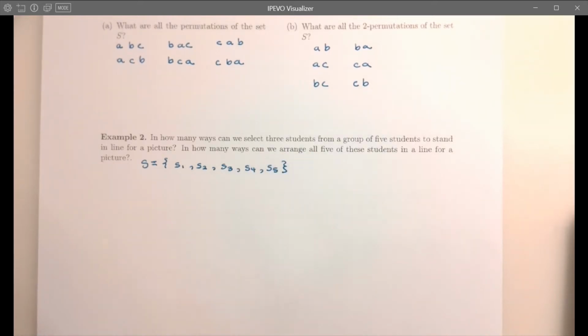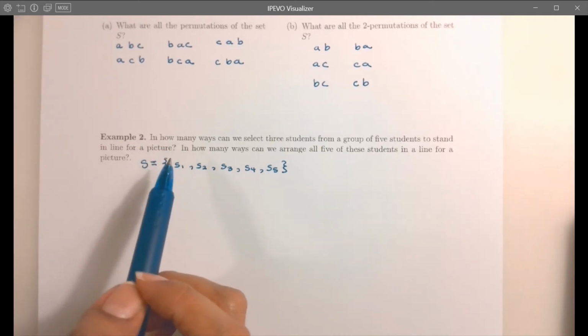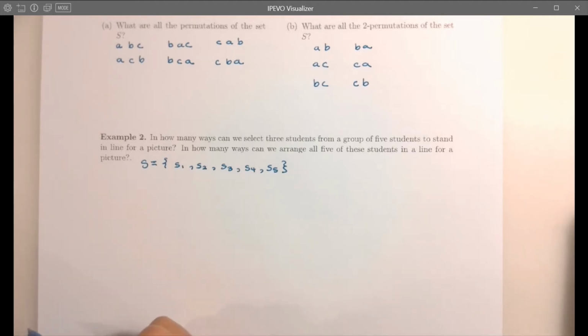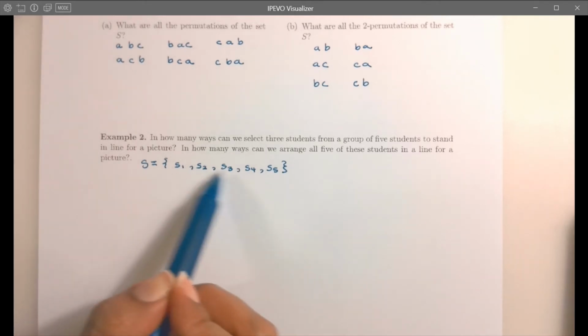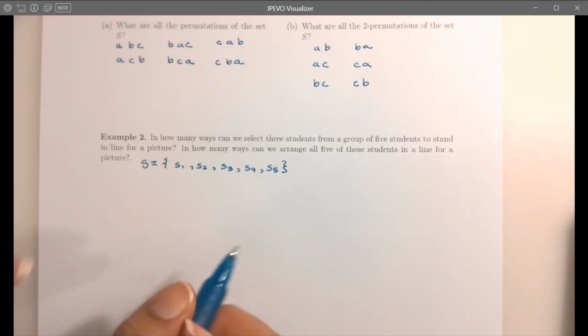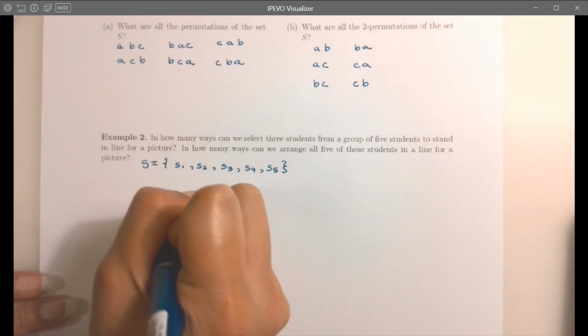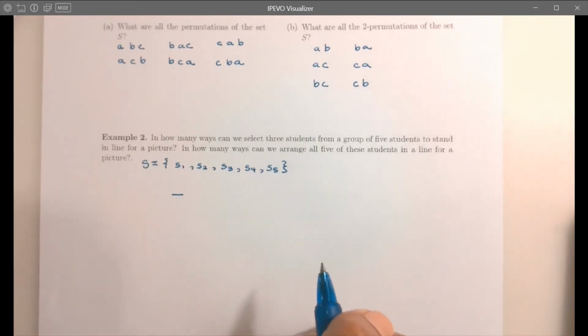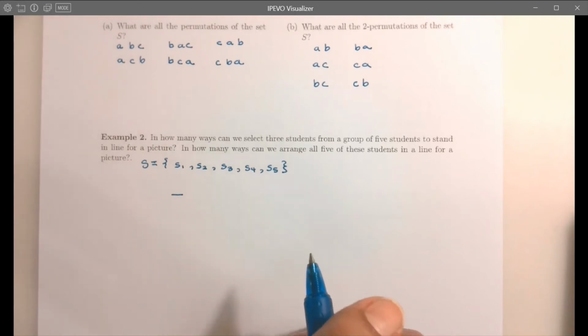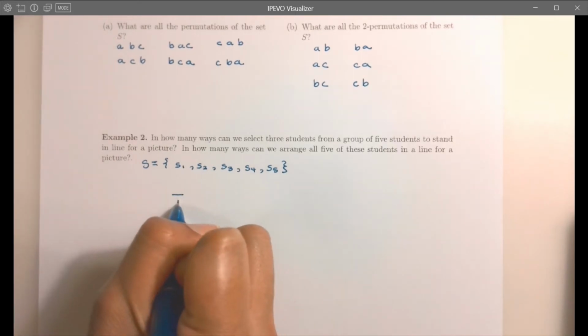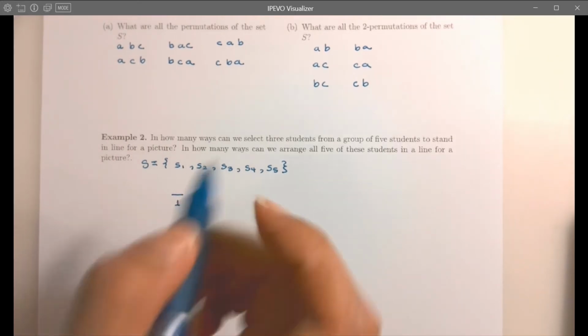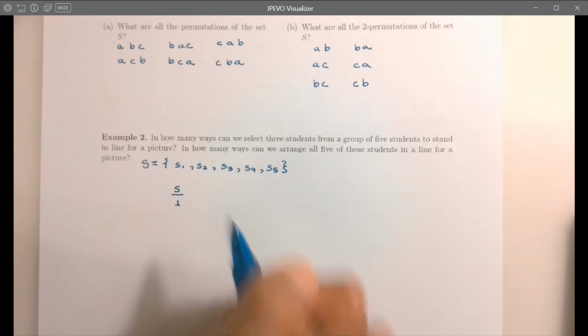And from this set, we want to select 3 students initially. So we're focusing on the first question. In order to select 3 students, we would have to think of all the combinations that we can have from those 3 students out of the 5. But just to make it simpler on ourselves, we can use the product principle and think about, well, for the first place in the line, we have 5 options of placing a student.